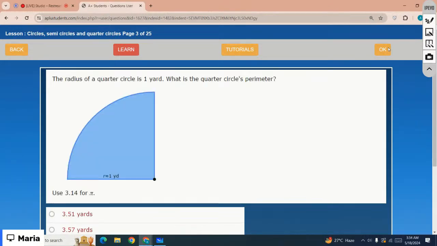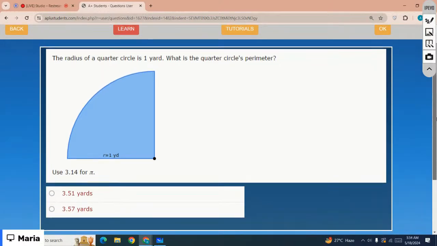The radius of the quarter circle is 1 yard. What is the quarter circle's perimeter? So which is the correct option? For the circle, the circumference is 2 pi r, right? 2 times 3.14 times 1.